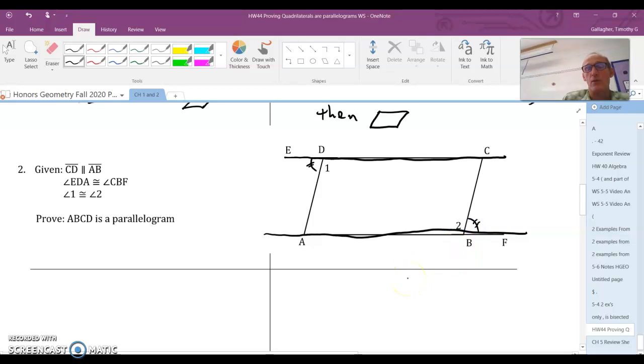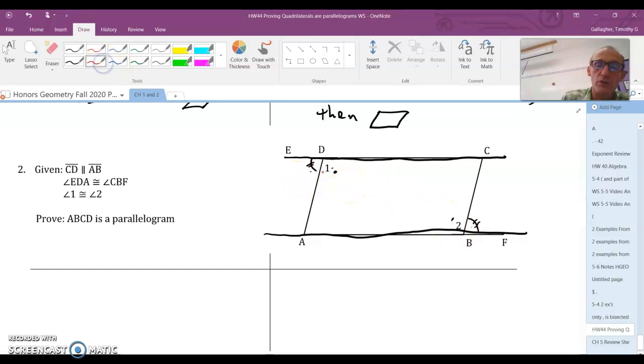All right. Now, what that's going to do is make 1 congruent to 2 because these two angles are supplementary, these two angles are supplementary. So 1 is congruent to 2 because angles that are supplements to congruent angles, like 1 and 2, are congruent to each other.